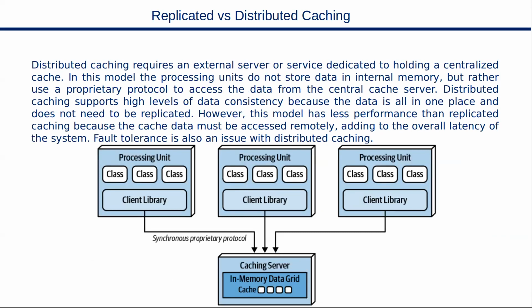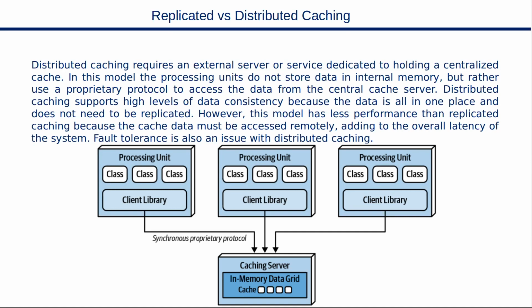Distributed caching, instead of replicated, requires an external server or service dedicated to holding a centralized cache. In this model, the processing units do not store data in internal memory, but rather use a protocol to access the data from a central cache server. So distributed caching supports a high level of data consistency.